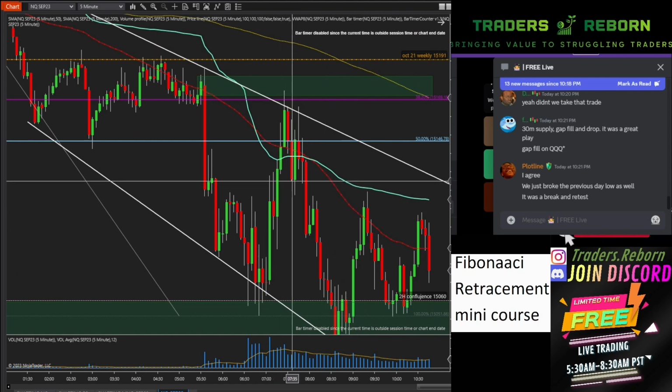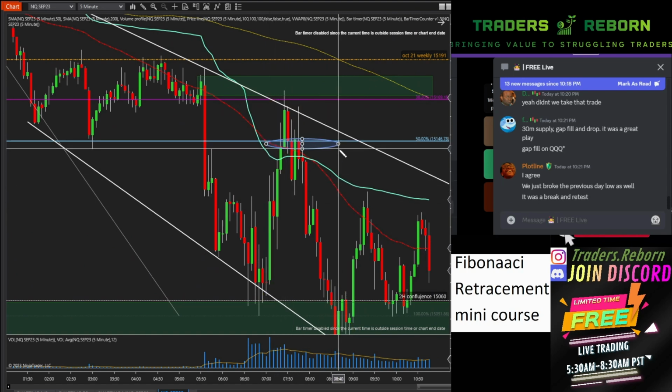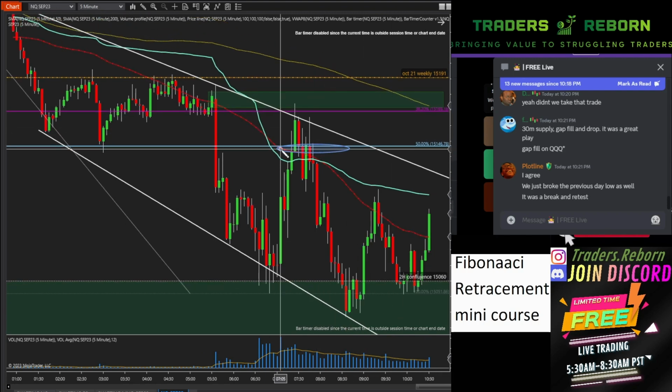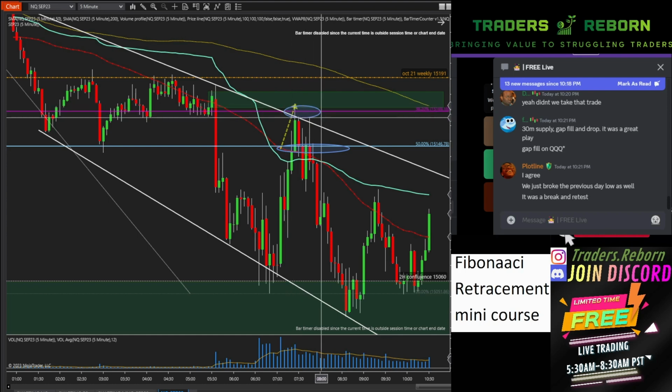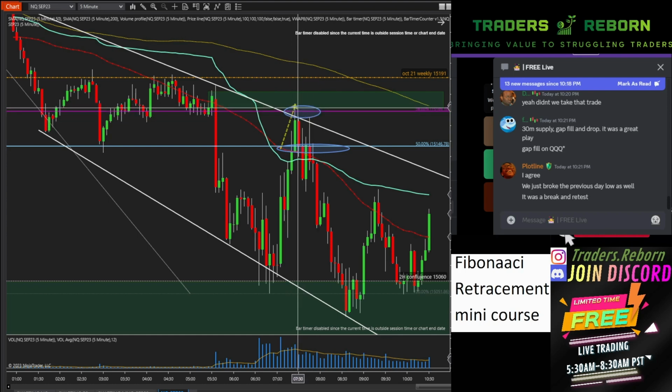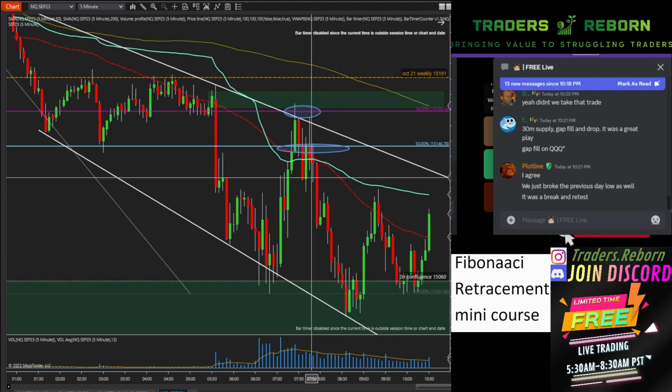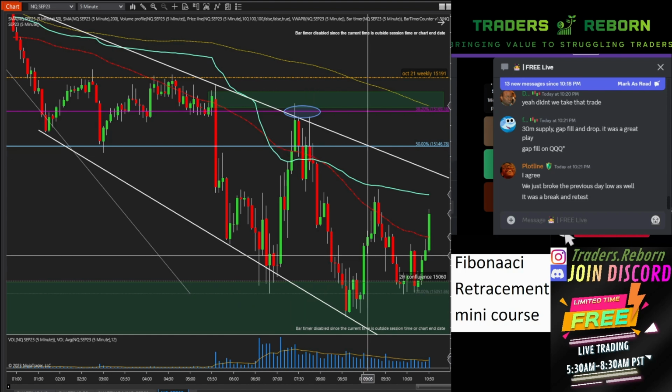If you feel like entering around 50%, don't. Price almost 90% of the time, I would say, touches 38%, guys. So that's one big piece of advice I can give you based off experience. When you start using the Fibonacci's, don't enter at the 50%.